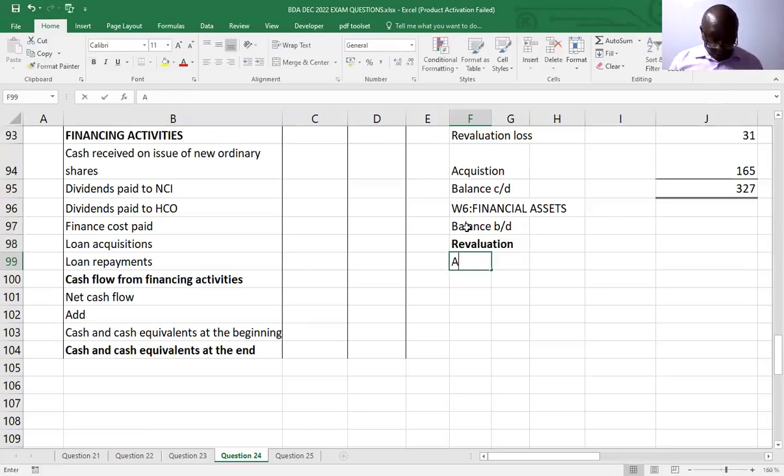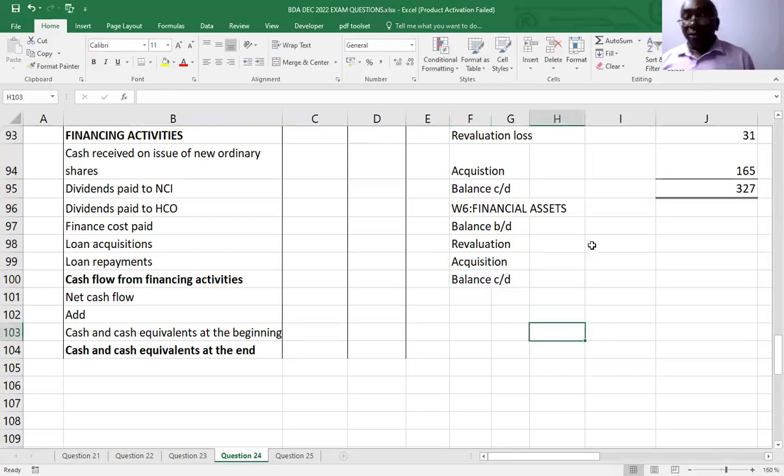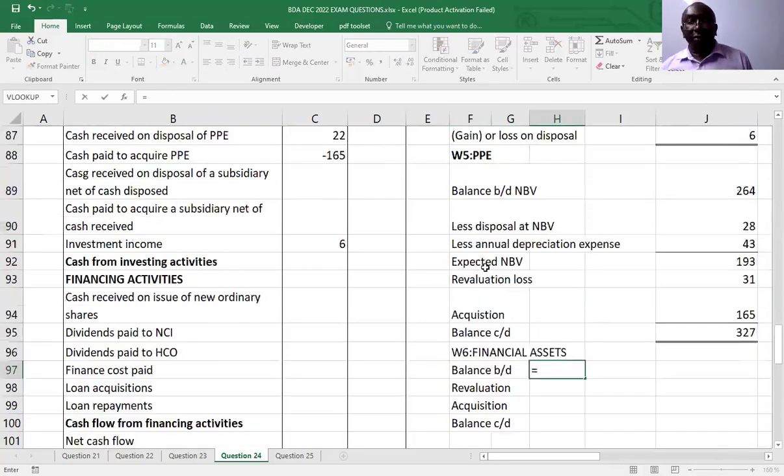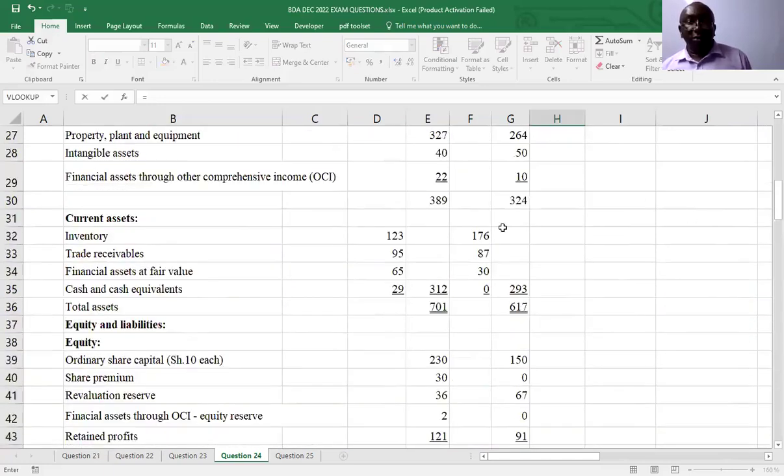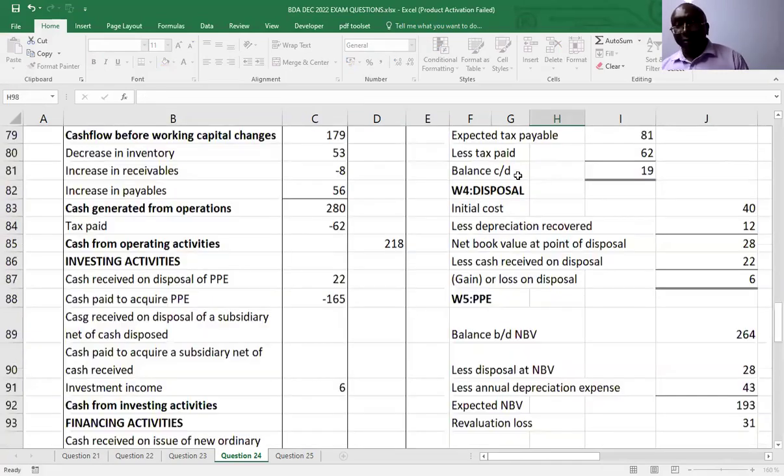Then we will have the acquisition. And then we will have the balance carried down. So hii tukimbie tuchukue the balance brought down. The balance brought down is this one, financial assets.